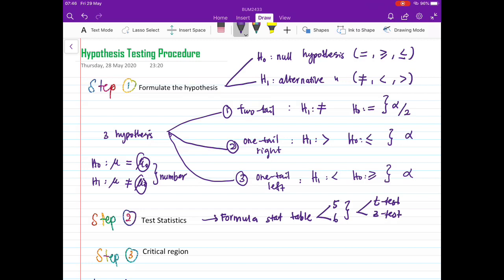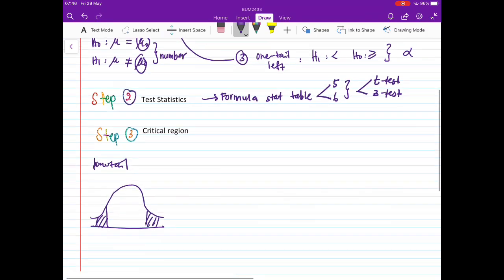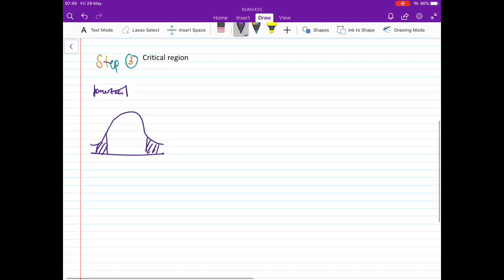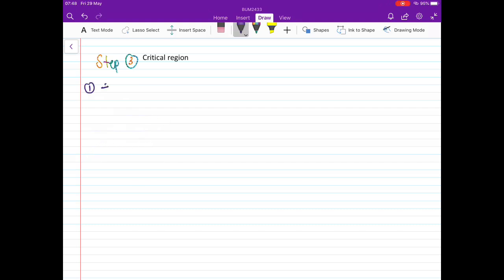Next, step number 3. After you calculate your test statistic, we want to set the critical region. For the critical region, we have 3 types of hypotheses, right? The first one is two-tail. Critical region for the two-tail hypothesis.